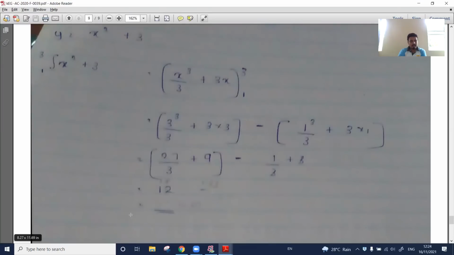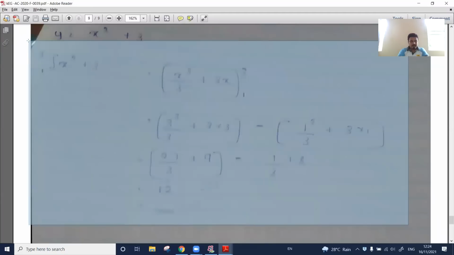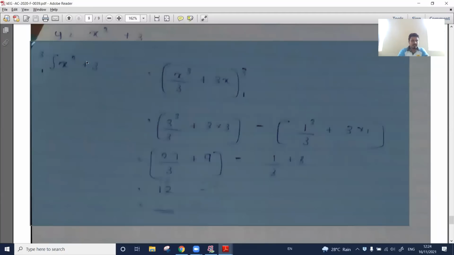This is correct. x cubed over 3 plus 3x. Upper value is 3, lower value is 1. First we substitute 3, so 27 over 3 plus 9, minus, yes, the lower value.